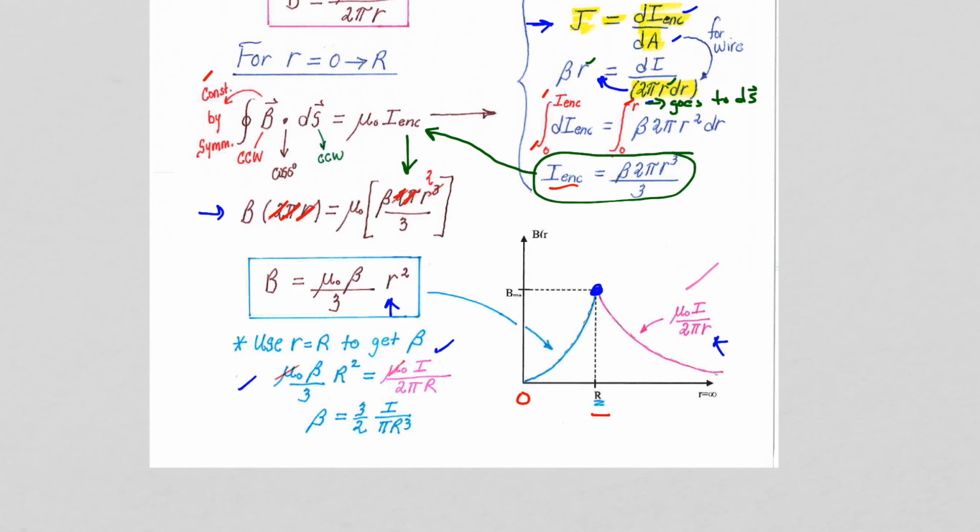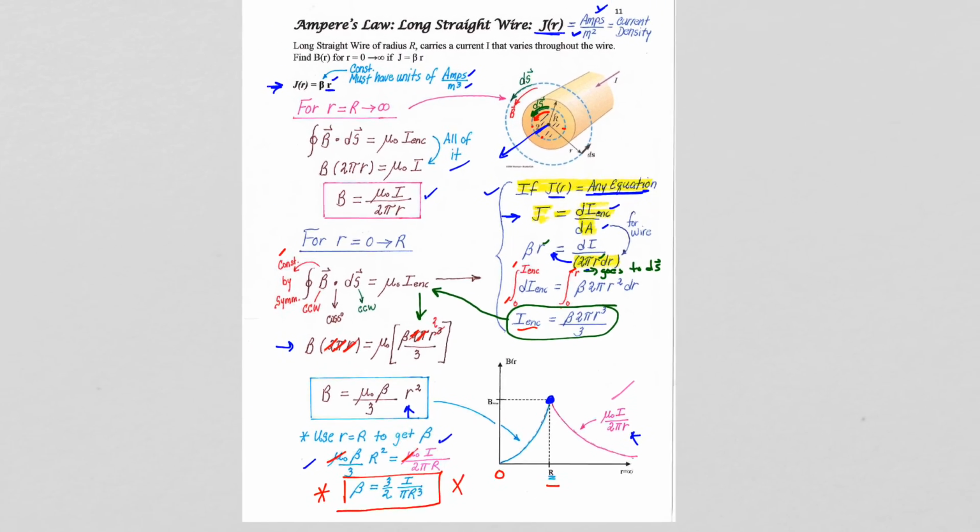And what you want to keep in mind now is we have to be consistent at this intersection point. So now we know what beta has to be. We solve for beta, so beta has to equal 3/2 I over pi R cubed, and that is often, almost always, a part of this type of question if it's asked as a quiz or a test question.